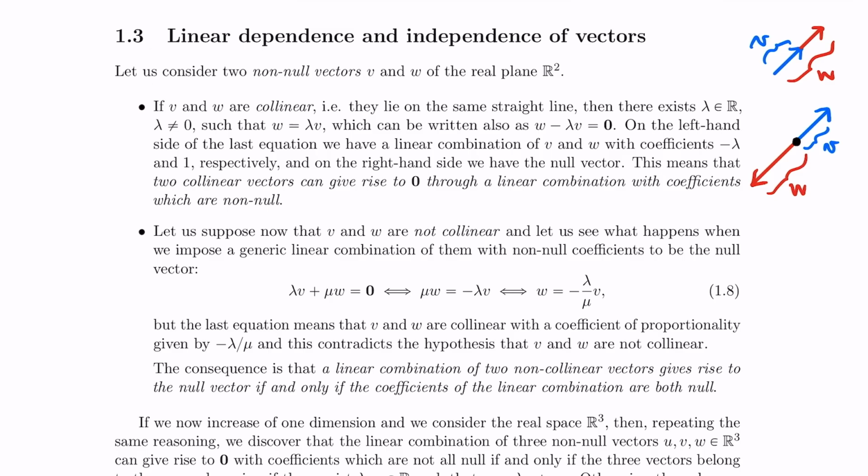The consequence is that if we want to perform a linear combination of two non-collinear vectors and obtain the null vector, then we have to impose that the scalars appearing in the linear combination are both null. As always, when we use a geometric argument to have an intuition, we pass from dimension 2 to dimension 3.